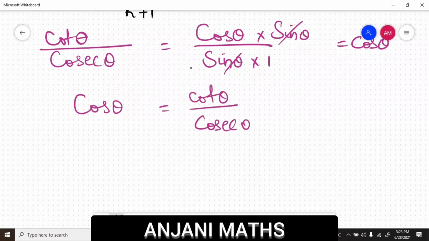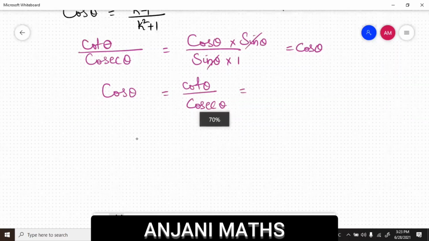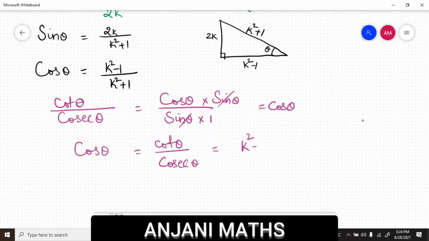What is cot theta? k square minus 1 by 2k. What is cosecant theta? k square plus 1 by 2k.